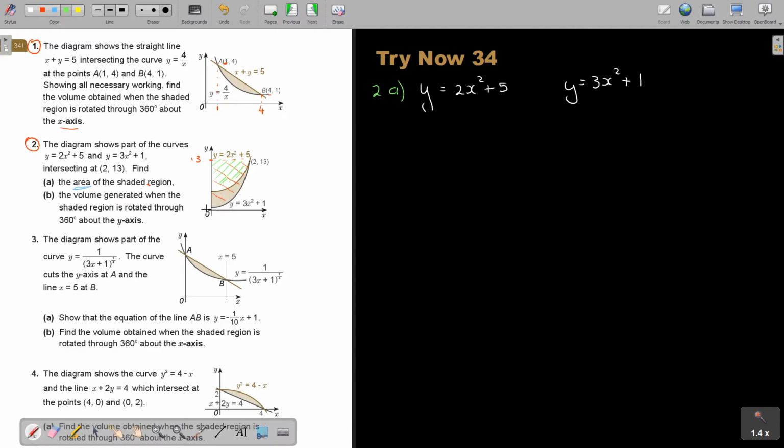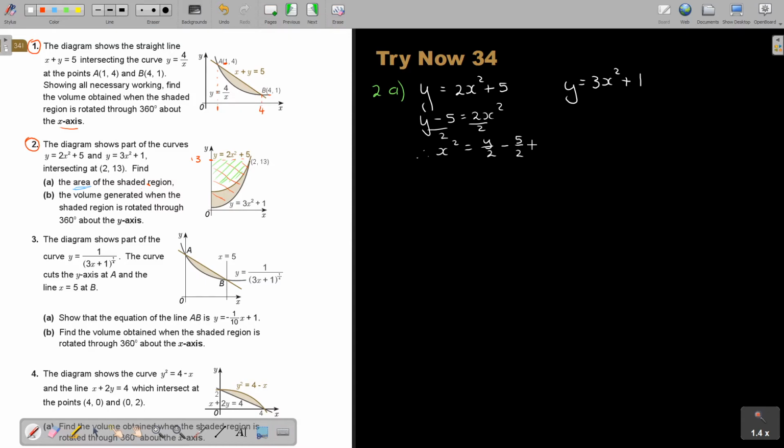I want to show you this one. First, because it's towards the y-axis, I must make x the subject of the formula. So let's start. I'm going to say y minus 5 equals 2x squared. I divide by 2, and I prefer that we write it like this: x squared is y over 2 minus 5 over 2.